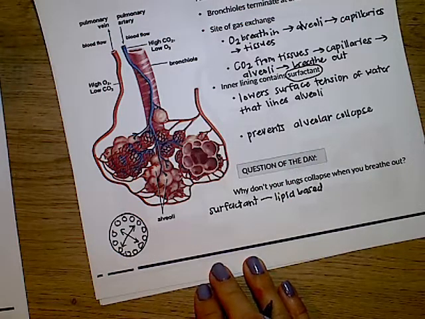So coating the water molecules in surfactant takes away this tension caused by the water molecules wanting to form bonds. This is why when you breathe out, the water molecules don't bond together and collapse your alveoli.